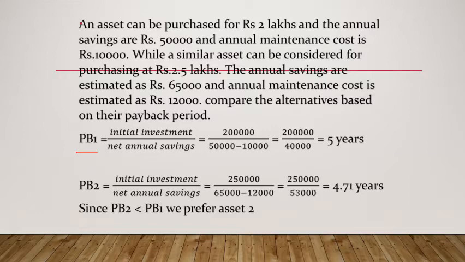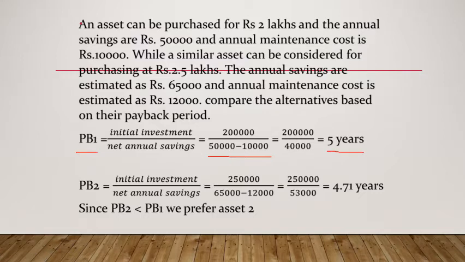So initial investment is equal to 2 lakhs divided by net savings. What is the net savings? Annual savings of 50,000, but the annual cost is 10,000. So net savings is equal to 50,000 minus 10,000. Simplify it and you will get the payback period as 5 years.